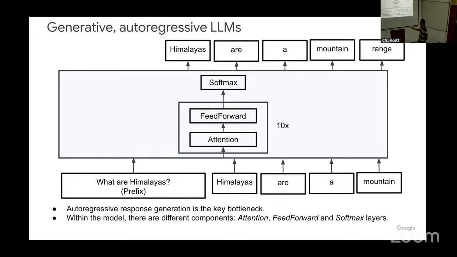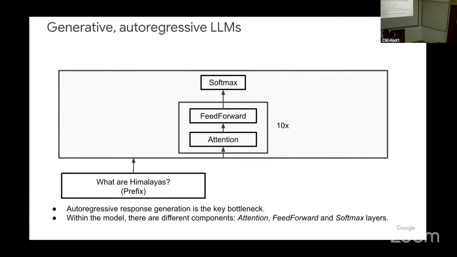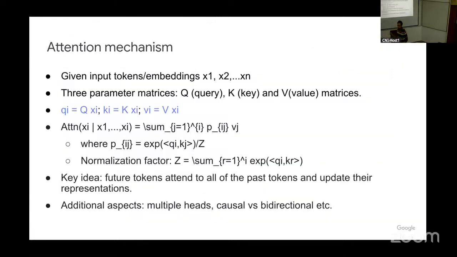Yeah, that's a good point. So usually, as we said, feed forward and softmax don't have any dependence on what has come in the past. It's only the attention layer which couples the computation that has to happen here with what happened in the past. And the exact way that attention has this dependence is through these keys and values, right?